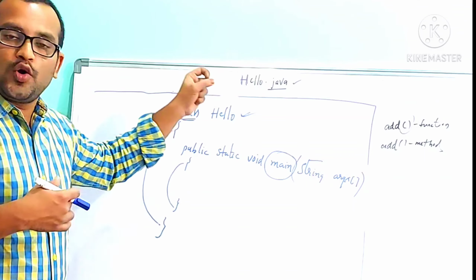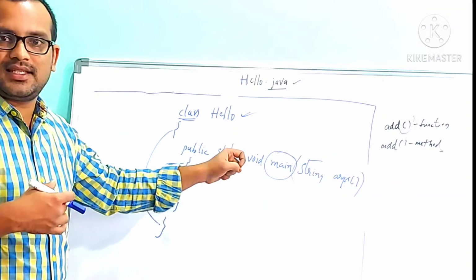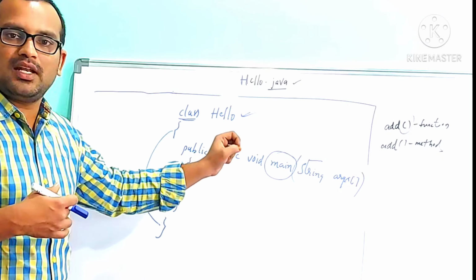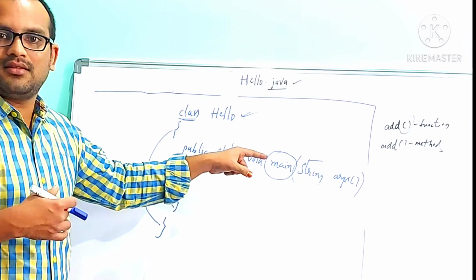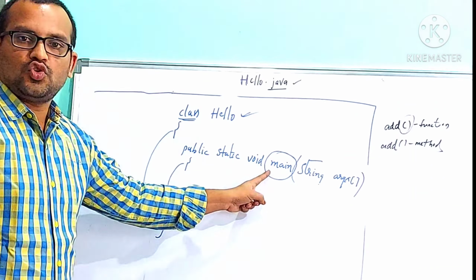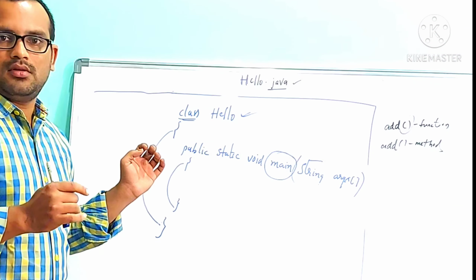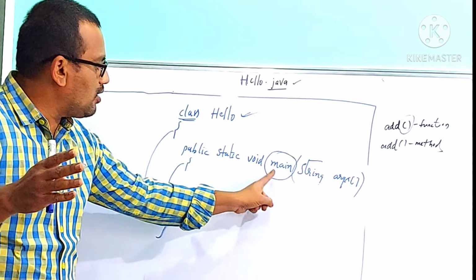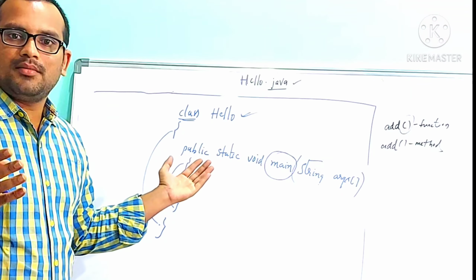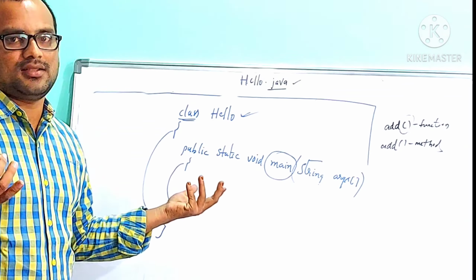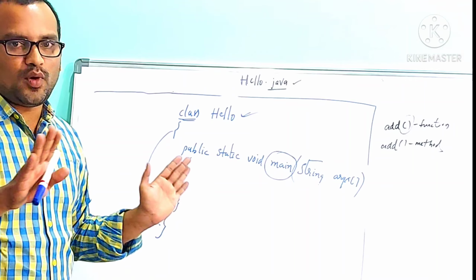JVM is going to access the main method which is available inside the class. If you want to access a method or a variable, because class is a collection of variables and methods, this topic we will discuss in future, don't worry.